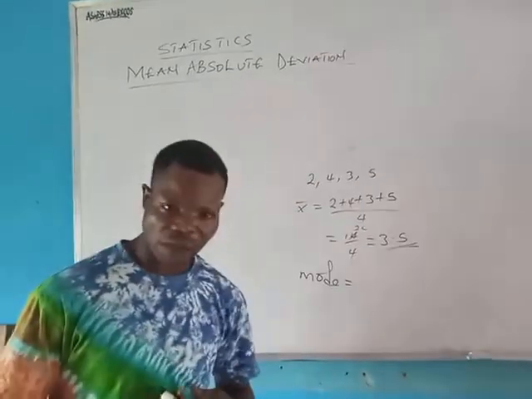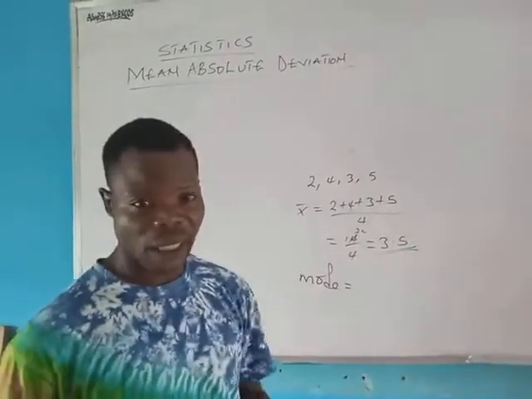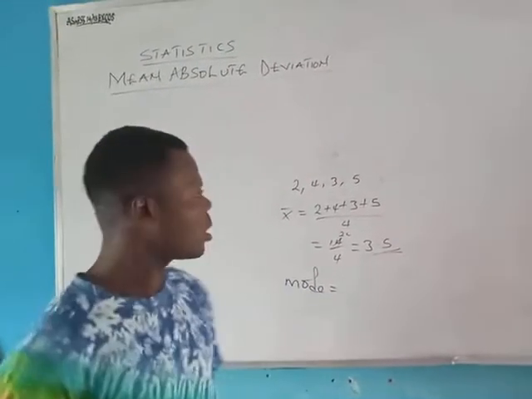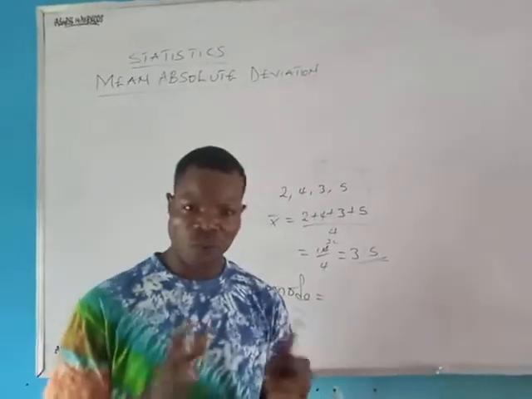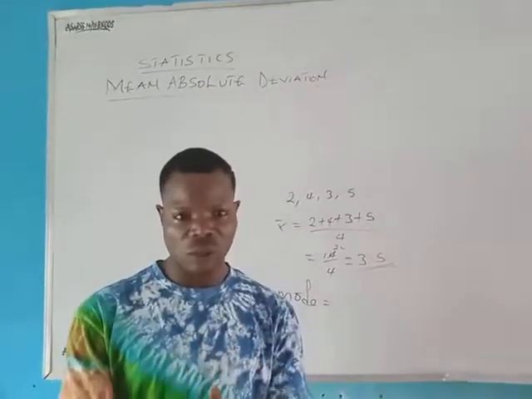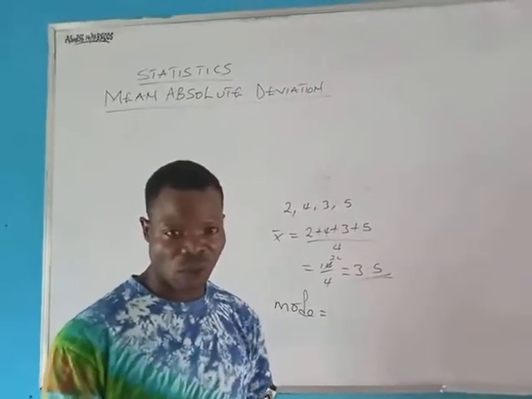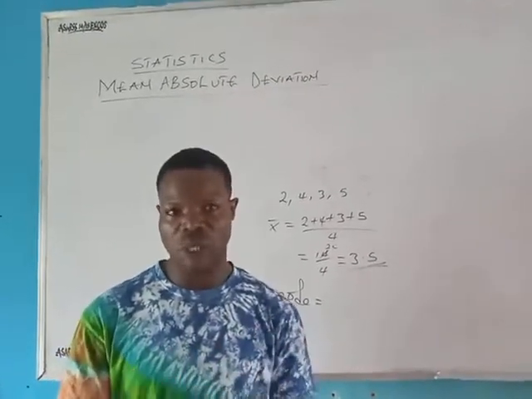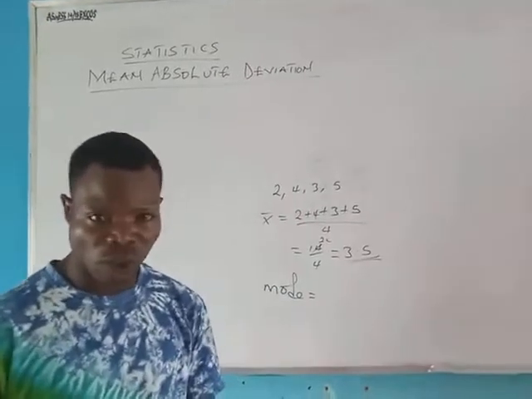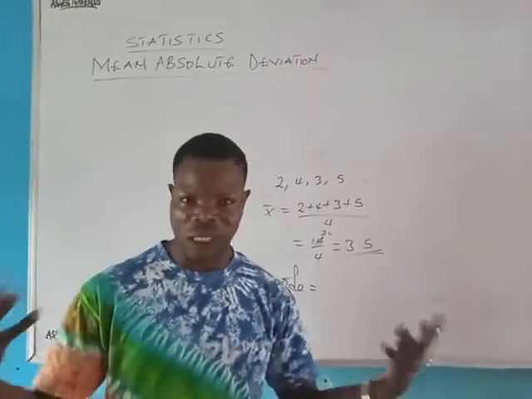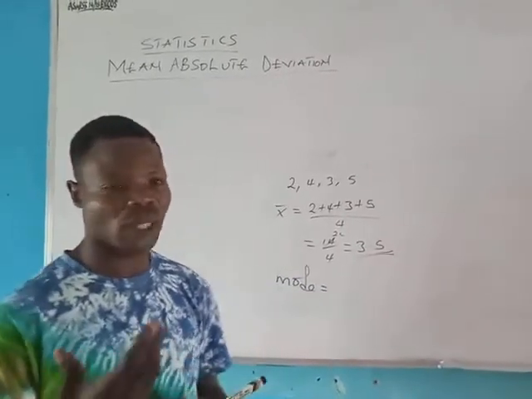We use it, like I said, to calculate the dispersion of any given data. We are going to look at the formula today, but in our next video we are going to take some questions and treat those questions with these statistical tools for measuring dispersion of any given set of data.